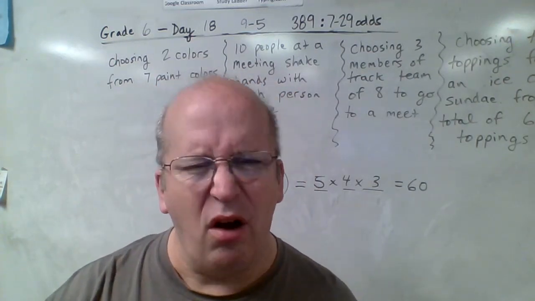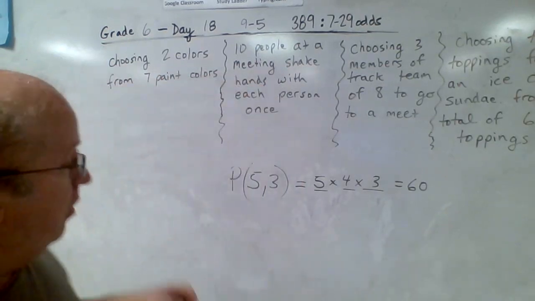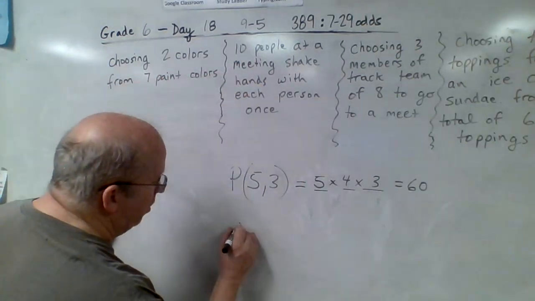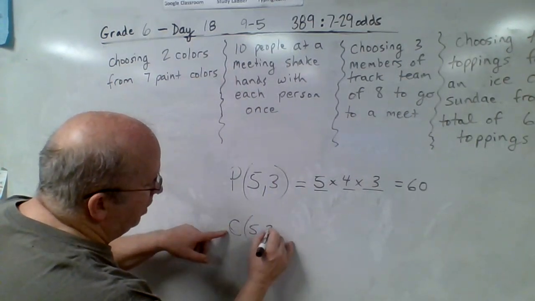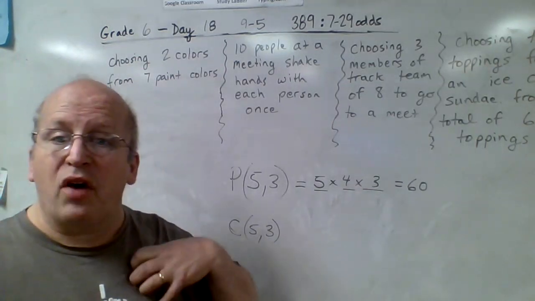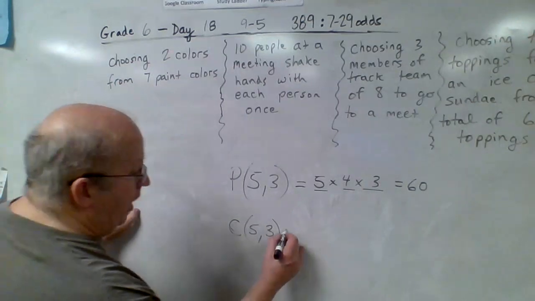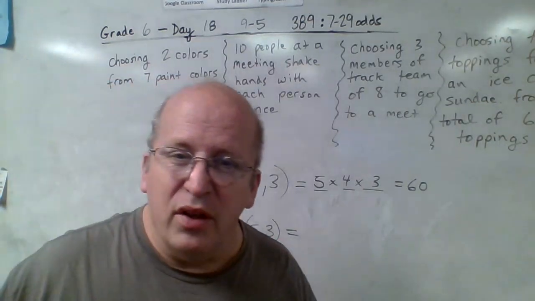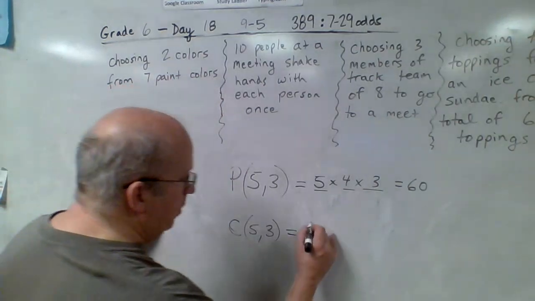Well, how do we figure out this situation of combination where the order doesn't matter? Well, it looks like this. The combination of 5 people taken 3 at a time. Say that with me. The combination of 5 people taken 3 at a time. And the way we solve it starts off similarly to a permutation problem.